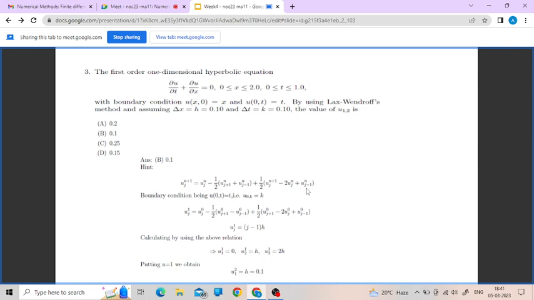Similarly, u i plus 1 comma j will be u i comma j plus del x into del u by del x at i comma j plus del x square by 2 factorial into del square u by del x square at i comma j. So substitute these values in these equations and eliminate these higher order terms. See what you are getting.